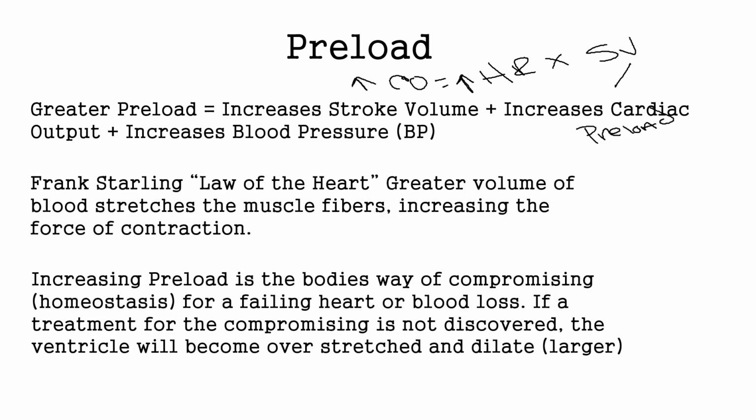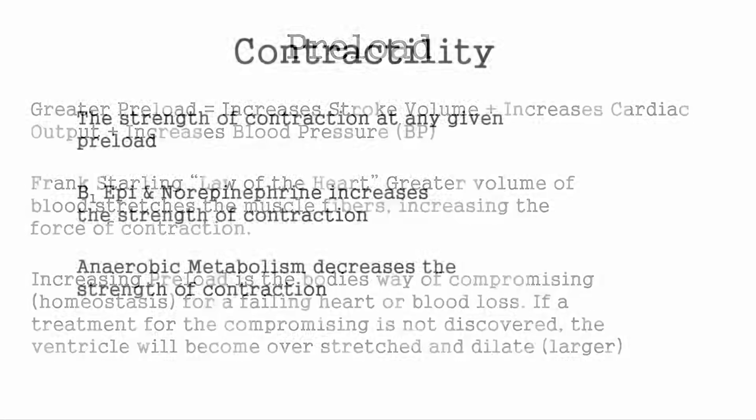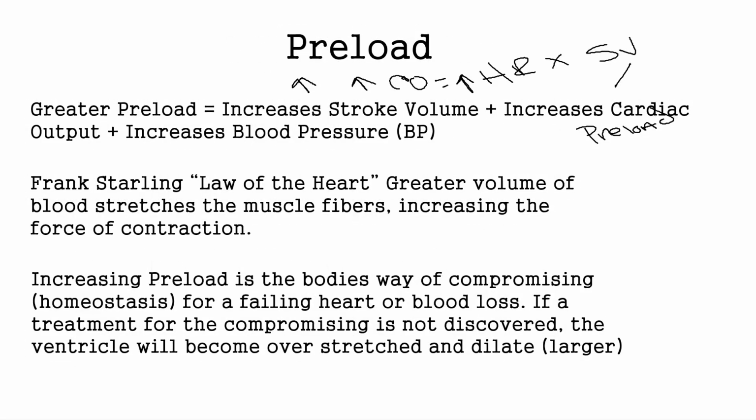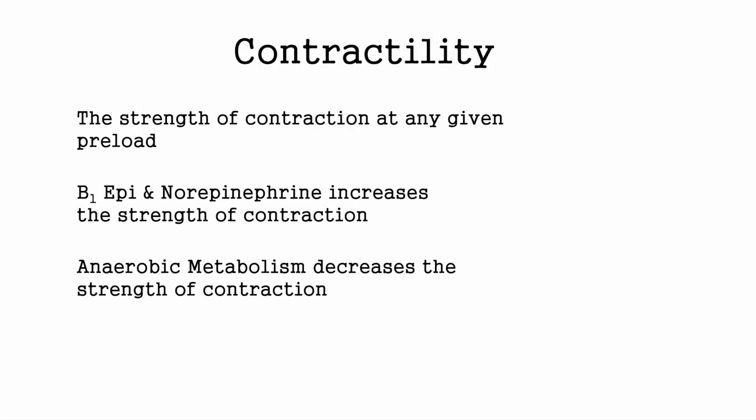If you can increase stroke volume, you will increase cardiac output. Right, and so contractility, well, epi's going to help us with that. Beta 1 is also going to increase the heart rate, and it's going to increase contractility.